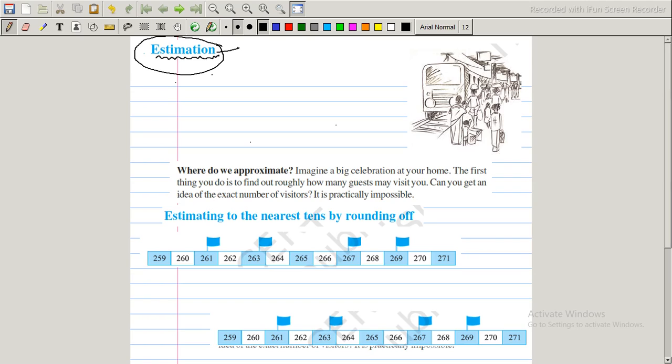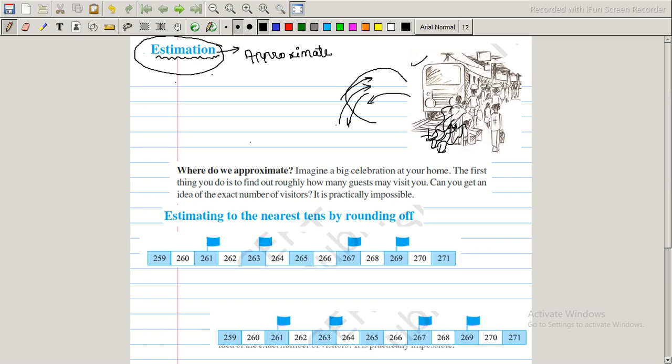The meaning of estimation is we approximate things according to our convenience so that it becomes easy. Suppose in this train so many people are going inside, and at the same time some people are leaving, isn't it? When the next station comes, some will leave and some will enter. So this process goes on.